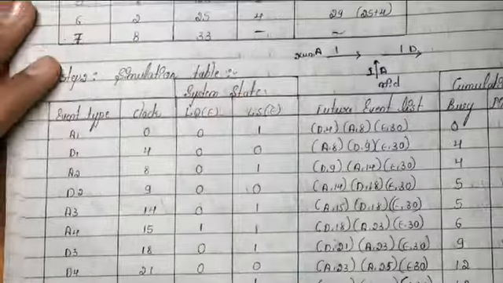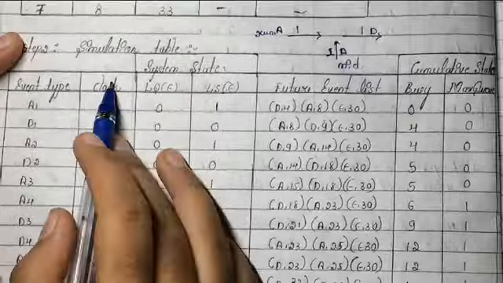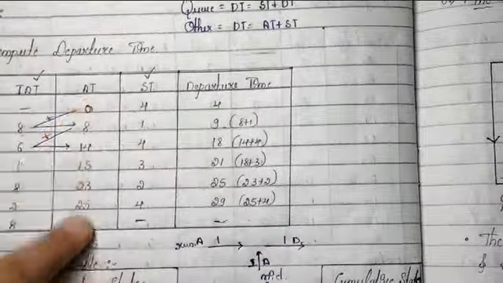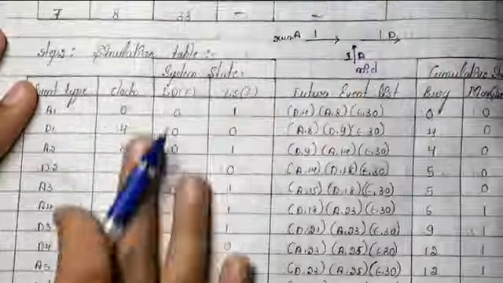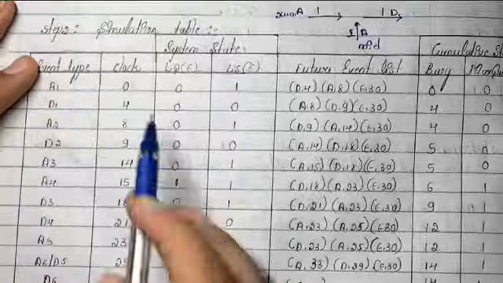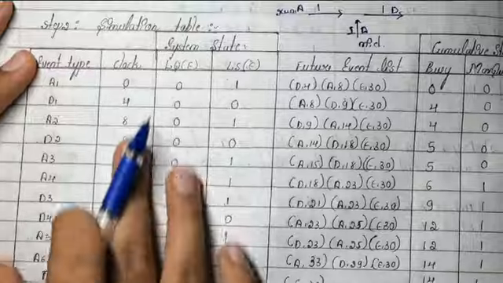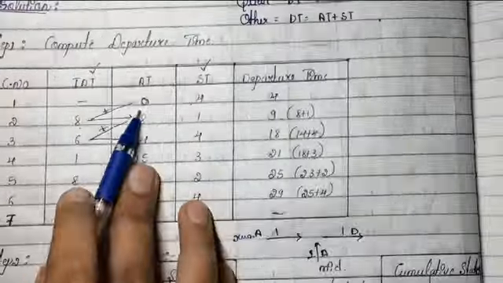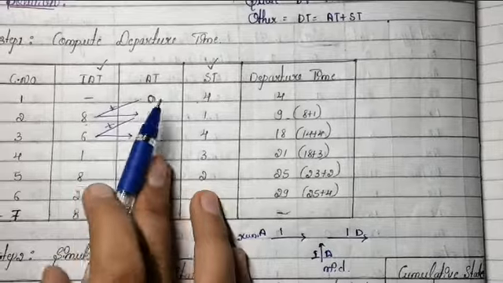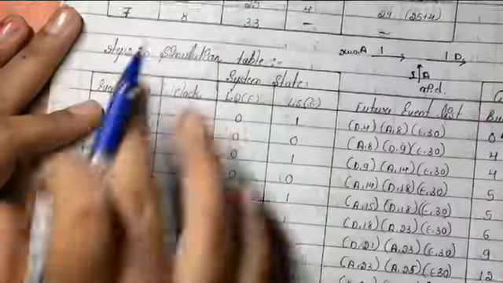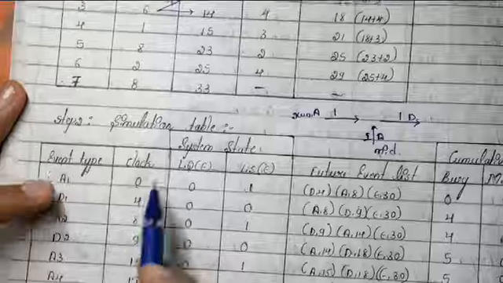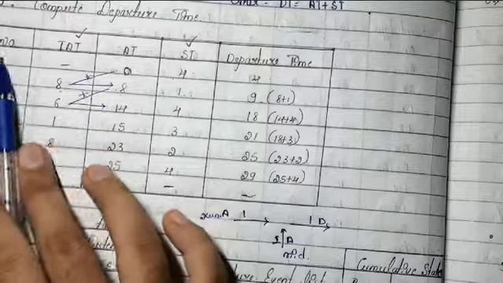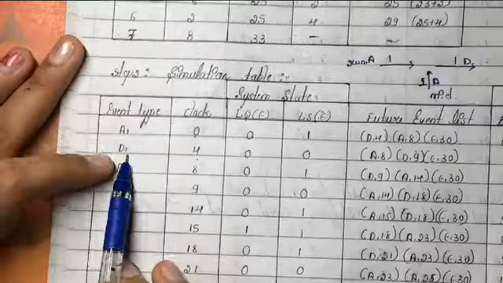Now just write the values of arrival time and departure time in ascending order, from 0 to 29, and check what 0 shows. 0 shows the first customer's arrival time, so A1 here, and 4 shows the departure of the first customer, so D1 here.